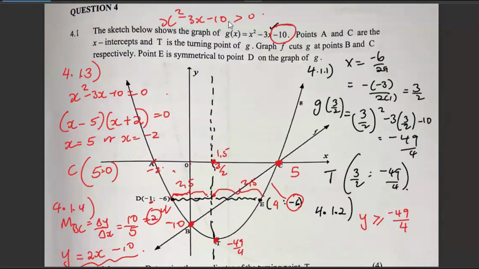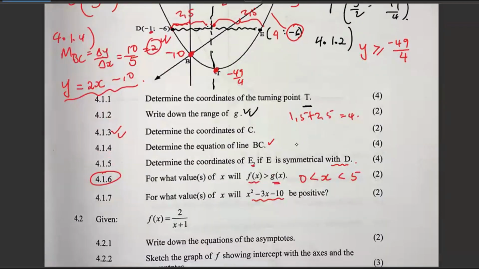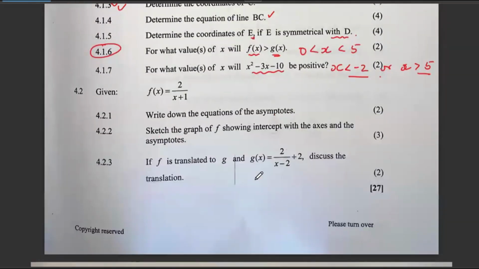But we already have our coordinates of -2 and 5. So it will be positive in that section and positive above in that section. So our x needs to be less than -2 or x needs to be greater than 5. All right, so that is question number 4.1.